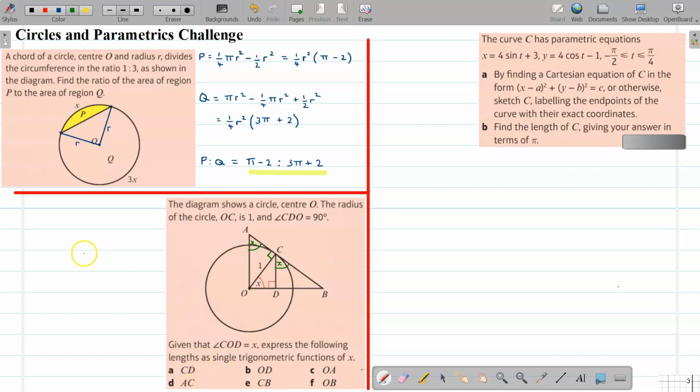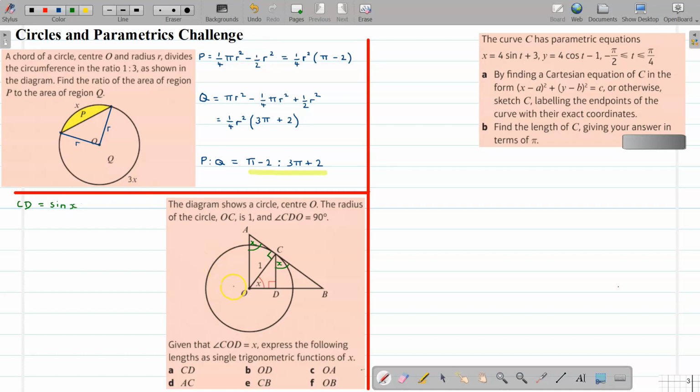Now we'll start with CD. Now CD is simply going to be, from that smallest triangle here, opposite over hypotenuse is CD over 1, which is the sine of x. So CD over 1 is the sine of x. Okay, quite simple.